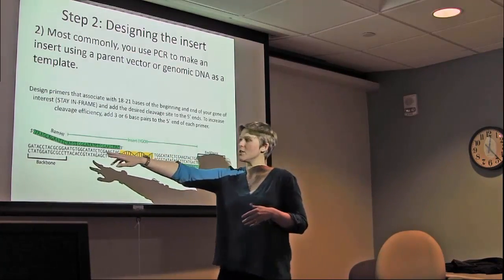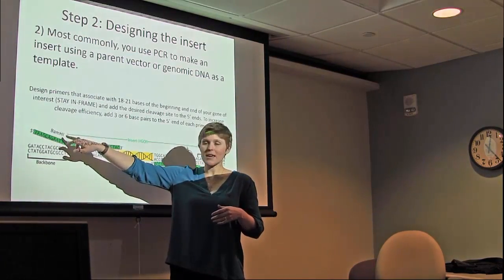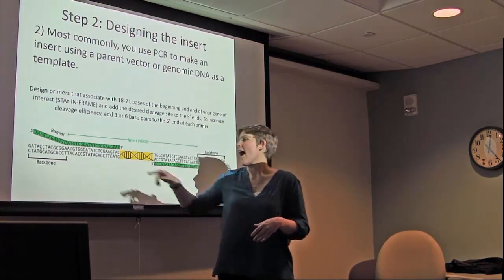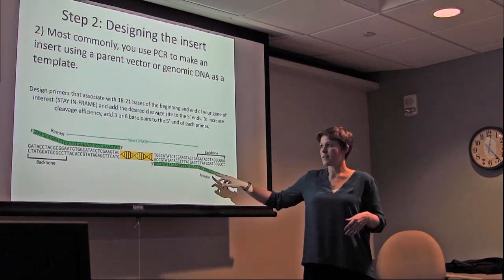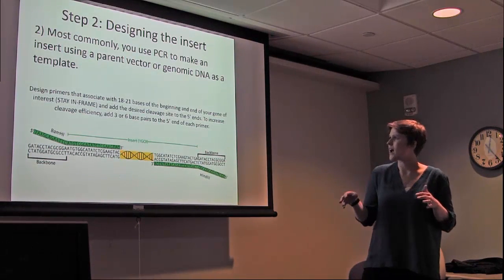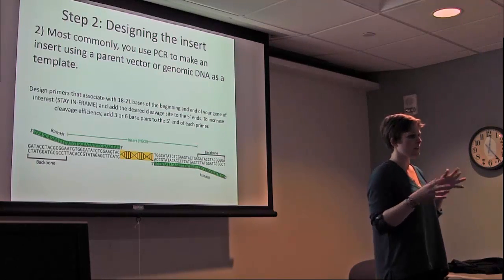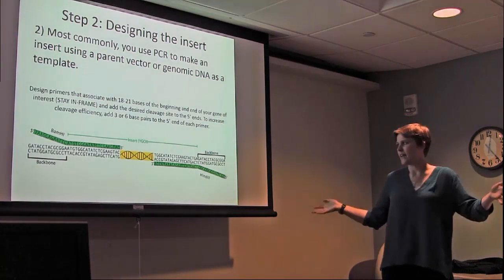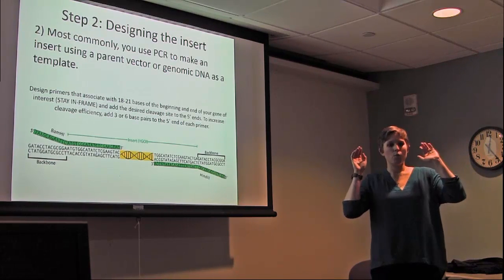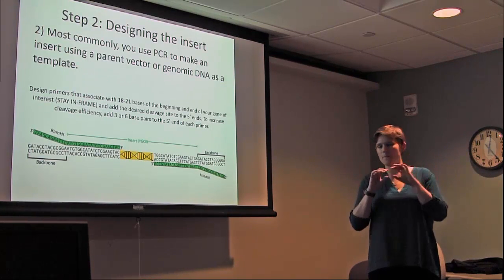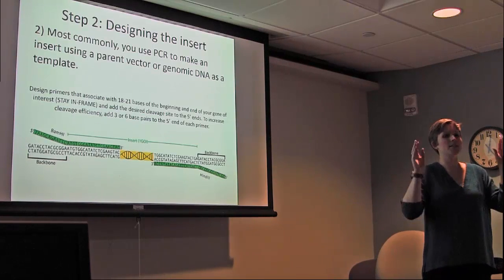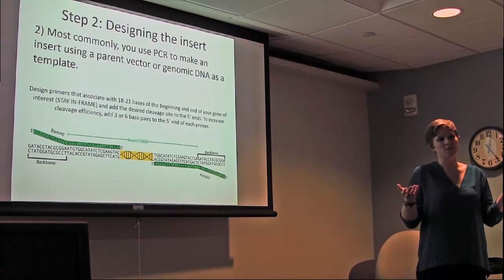So what you'll typically do is, again, look at NEB and come up with what these restriction sites look like, add them to either end of your primers, and then typically you have to add a couple of, like, 3 to 6 base pairs at the 5' end of these primers, so that when you ultimately make your PCR product and cleave it, you have higher cleavage efficiency.